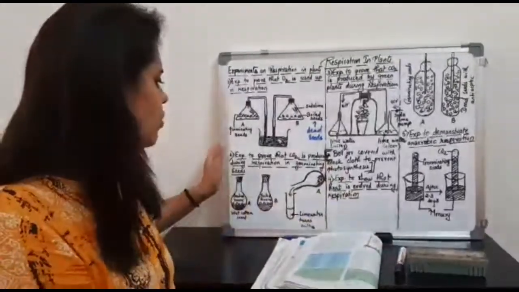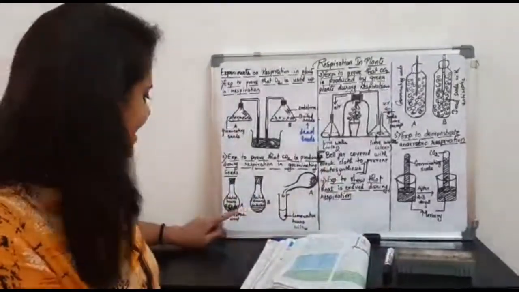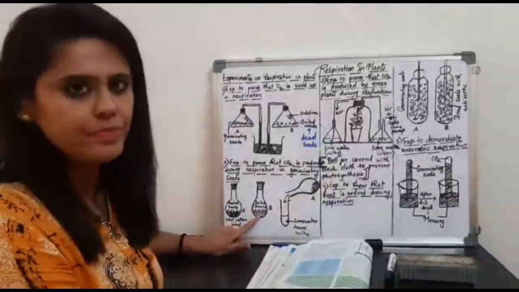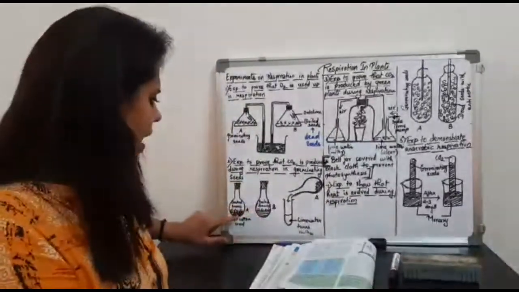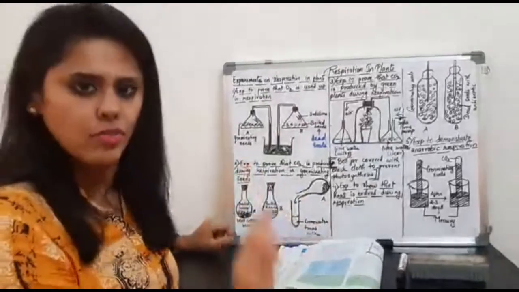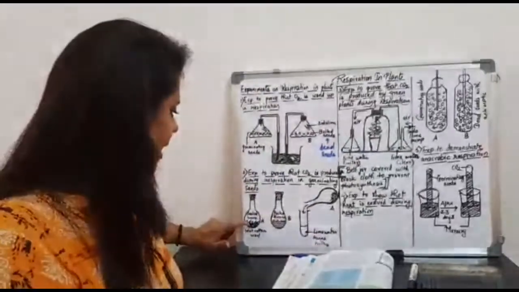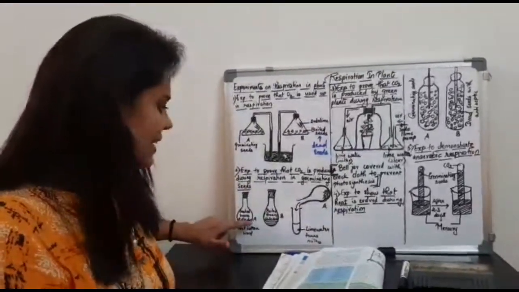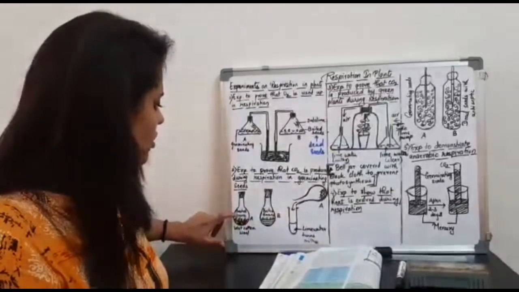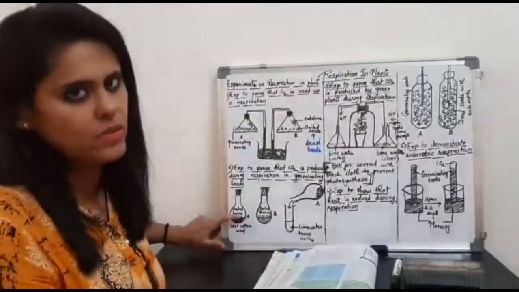You have to take two round bottom flasks, flask A and flask B. In both the flasks you have to take wet cotton wool. In flask A, add germinating seeds, and these are soaked germinating beans, right?